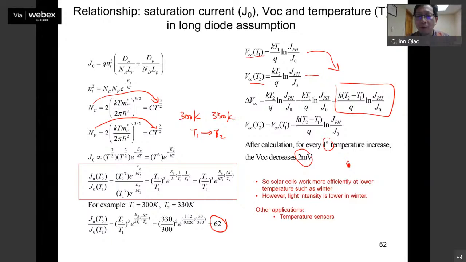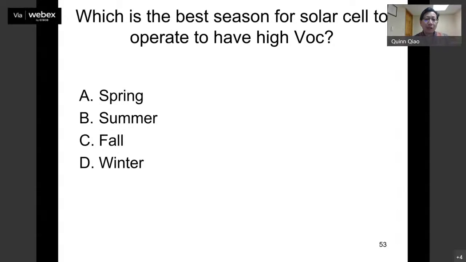That's about 0.002 volt, okay? Then a 10 degree increase will be 0.02, and 50 degrees will be 0.1 V. That can become very significant. Here you see the diode can be used as a sensor for temperature because you can sense the change of the temperatures. Okay, so with that, I think that's the very basic survey here.